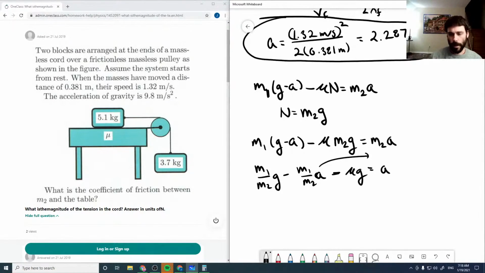Bringing this to the other side, we've got m1 g over m2 minus mu g is equal to a times (1 plus m1 over m2).